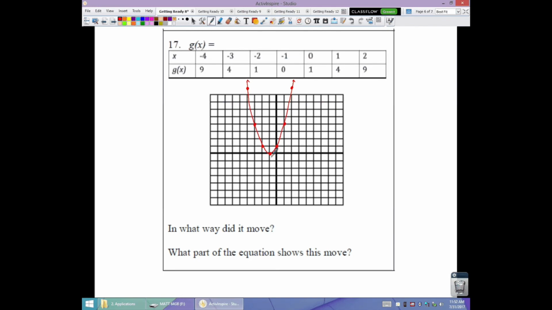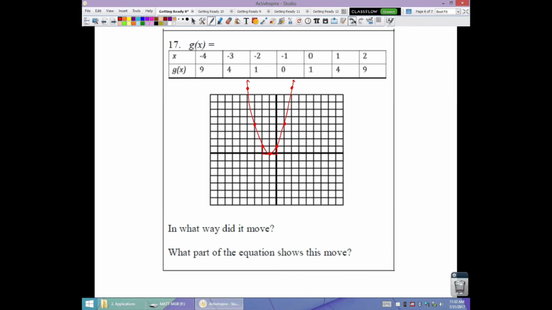Now, in order to check for that dilation, remember, all we really need to do is go to the side 1 unit from the vertex. If we go to the side each way, 1 unit, and see, okay, what's the vertical change, or how far away are those next 2 points? To the side 1, we go up 1. To the side 1, we go up 1.